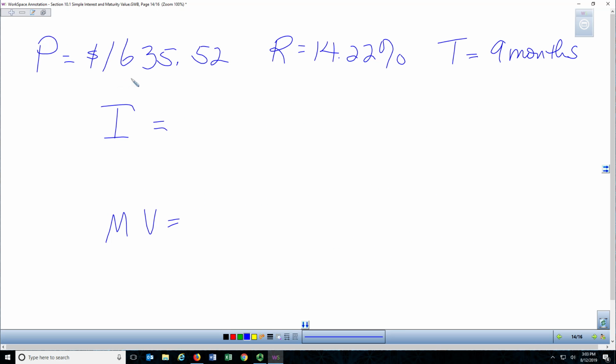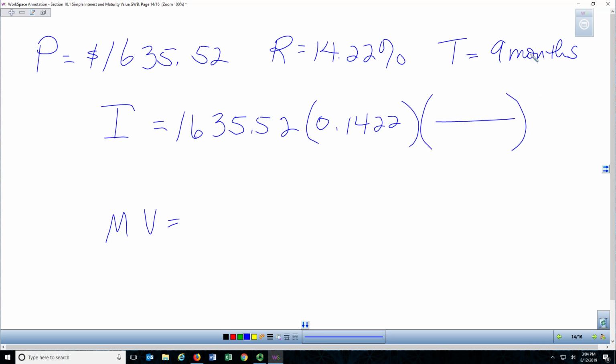So here I have principal, rate, and time. So finding the interest, I take the principal times the interest rate in decimal form. And this time I need a fraction because it says 9 months, so I put 9 over 12. Remember to use your fraction bar here.